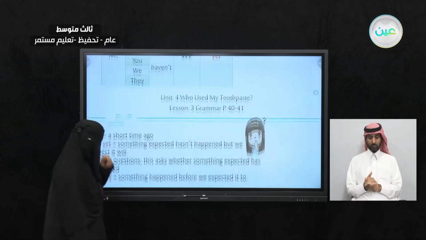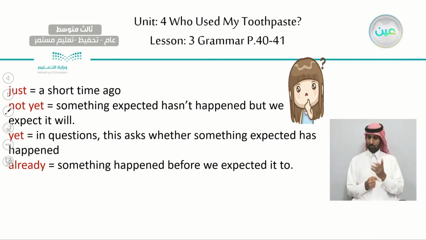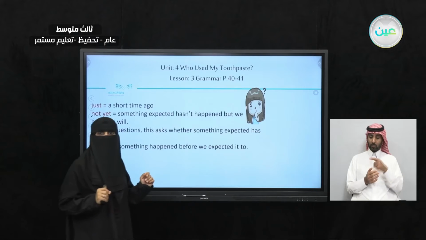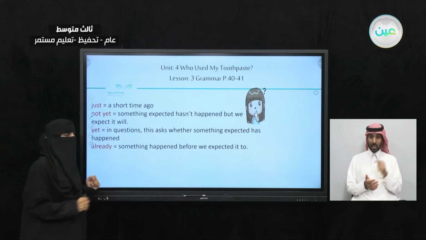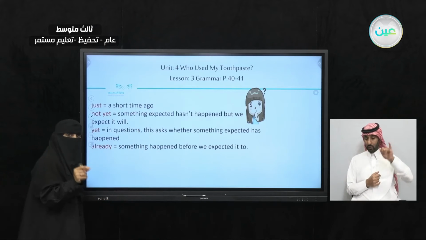Okay? Now, what do these words mean? When you use just, what does it mean? The meaning is a short time ago. I just finished my homework. That means I just finished and I walked out of my room. I have just finished my homework. So we use just when we are talking about a short time ago.